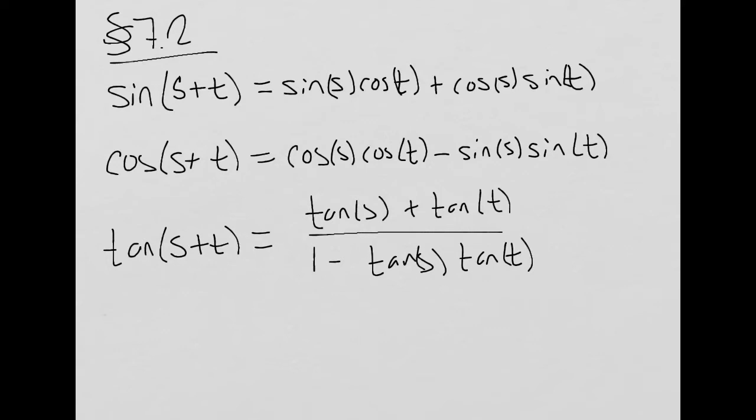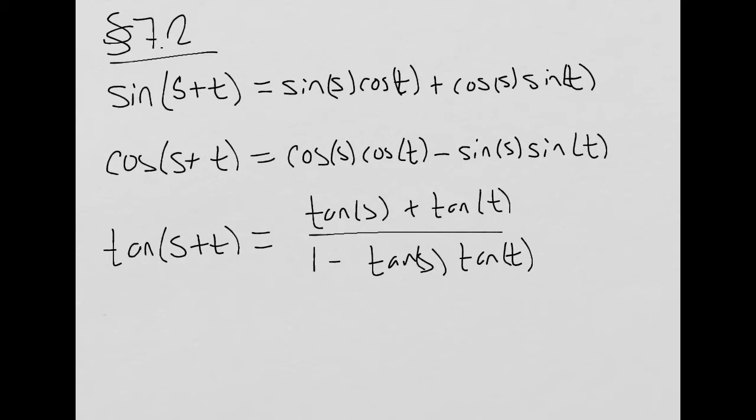Or, tangent is sine divided by cosine. If you know these two, you can figure this one out. And that's usually the way we want to do these things. I want to memorize as little as possible, just enough to make sure that I understand the constructions and that I can derive the rest of the results on my own.